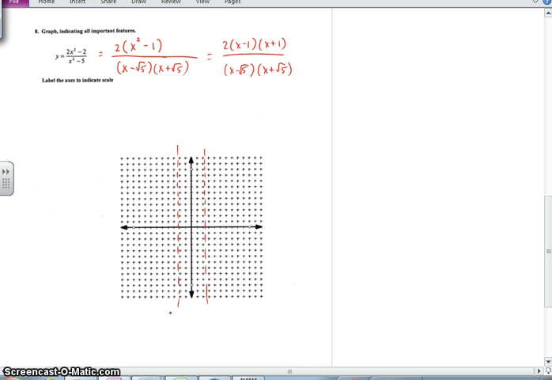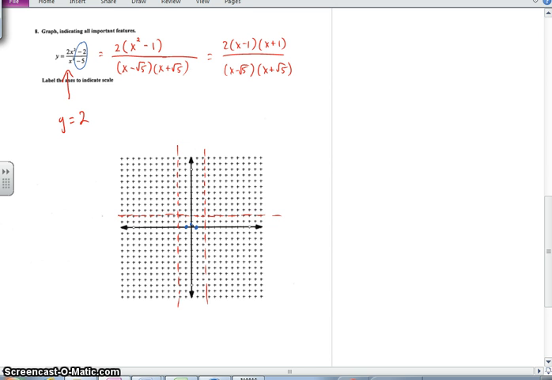The limit of this thing as x approaches infinity is 2, so that's a horizontal asymptote. The zeros are at 1 and negative 1, so here and here. The y-intercept is at 2/5, so that's right here. And that's it.